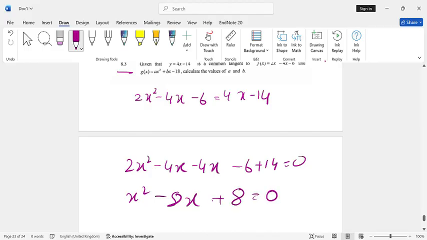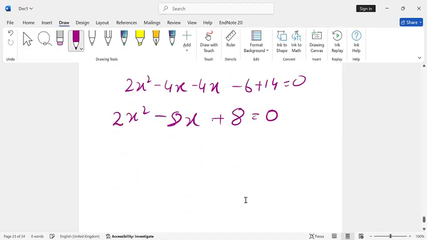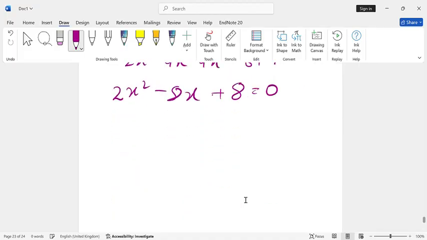All right, we have a 2 over here, and when I take 2 common from this term, we get x squared minus 4x plus 4 equals 0. So if you see, this becomes the formula of (x minus 2) whole squared.